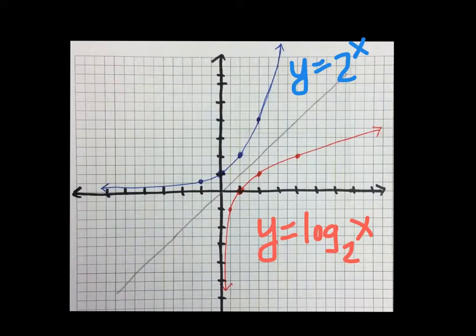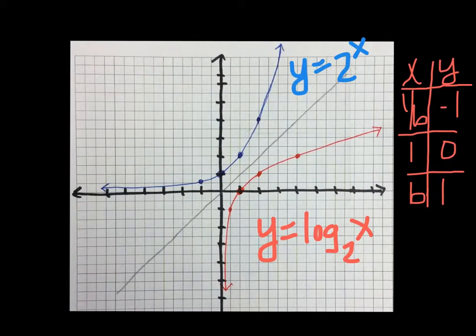Just like our exponential function has a horizontal asymptote on the x-axis, when we reflect that and switch everything, then we get a vertical asymptote for the log function at the y-axis. So when this is in its standard position, it will not cross the y-axis. It'll get really close, but never cross it.